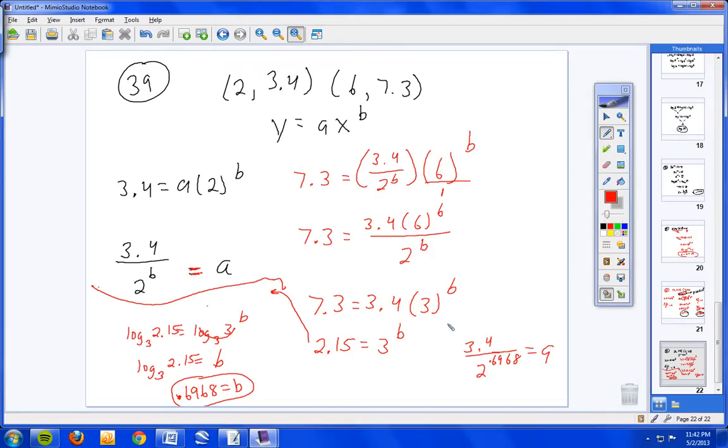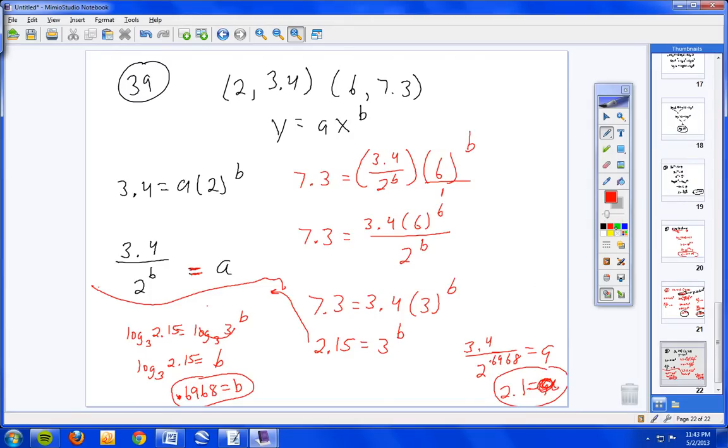We now have 3.4 divided by 2 to the 0.6968 power, and that does equal 2.1 actually. So 2.1 equals a.